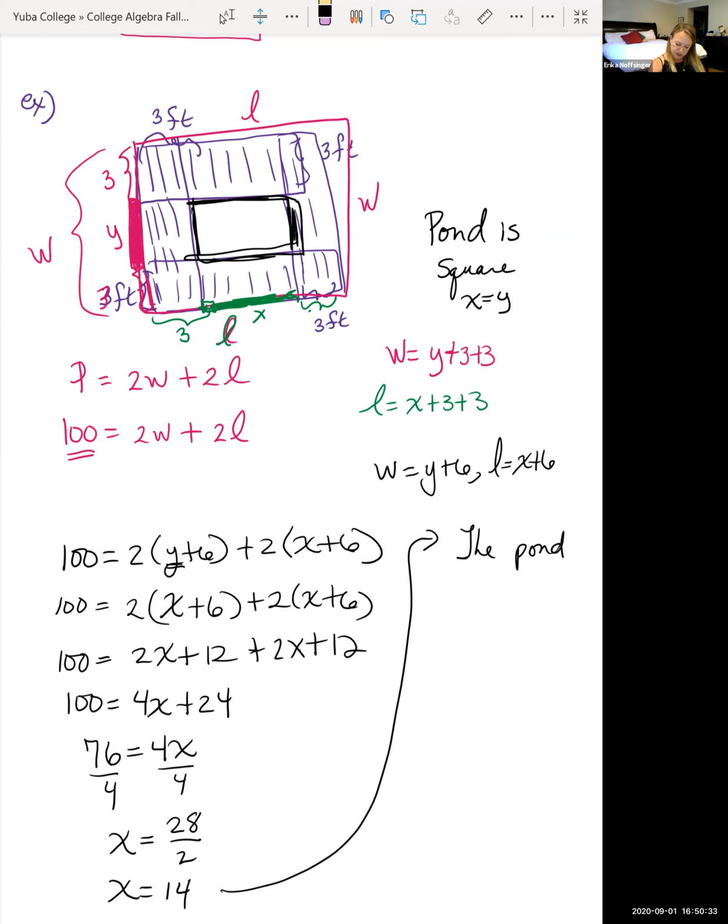We had chosen this piece, so this is just the deck, or this is the pond. This is the x and this was the y. So the pond is 14 feet by 14 feet. So you could write it like this.